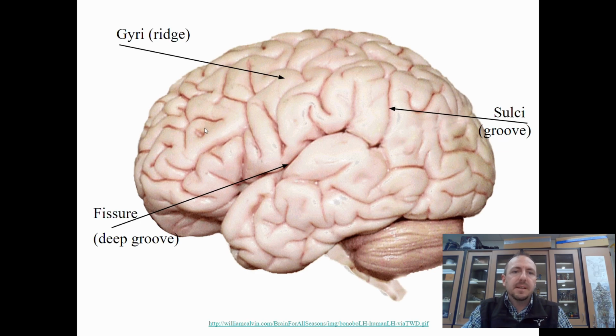Basically, the more folds or ridges you have, the more connections you can make, and the more brain power you can have. There are ways that you can build those raised ridges by learning new things, by learning how to do different things. Musicians have been able to reform their brain and their frontal lobe by learning a new skill.